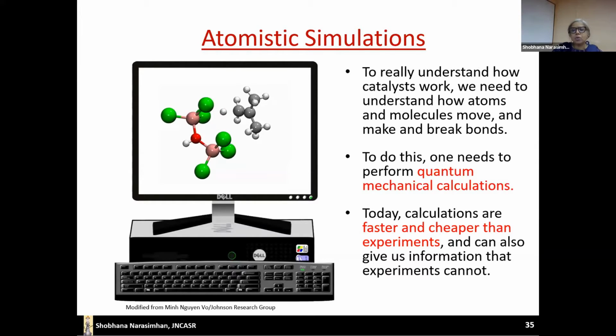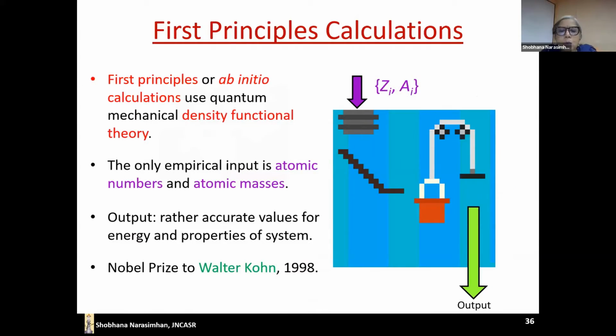What technique do you use? You usually use what are called first principles or ab initio calculations. One uses something called quantum mechanical density functional theory, and that's the approach that I use. It's called first principles calculations because the only input in principle is atomic numbers and atomic masses, and the output is fairly accurate values for the energies and the properties of the system.